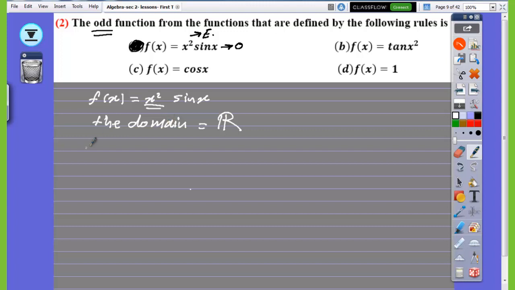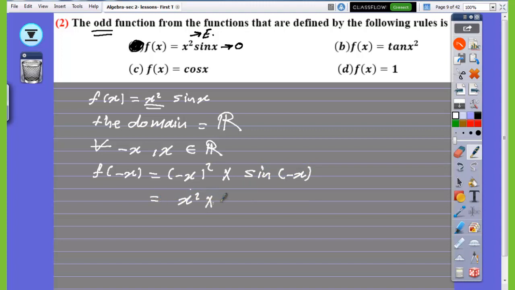Okay, now for every negative x and x belongs to the domain R, we have f of negative x equals, substitute x equals negative x, so we have negative x square multiply sine negative x, which equal x square multiply negative sine x, which equal negative.